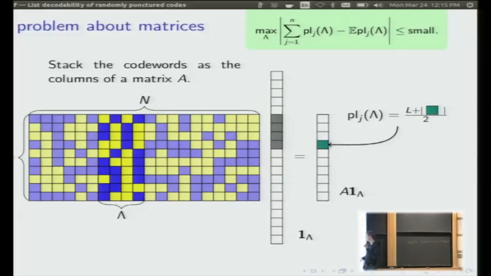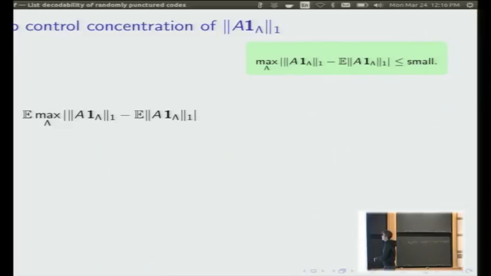So you need to divide by 2 or something because you're adding and subtracting. But basically, if I want to control these sums of the pluralities, I just want to control the absolute values of the elements of this matrix vector product. So this thing turns into this thing. I want to show that the L1 norm of this matrix vector product is small, or is close to its expectation. And now this is something that we know how to do. It's showing that these things are concentrated.